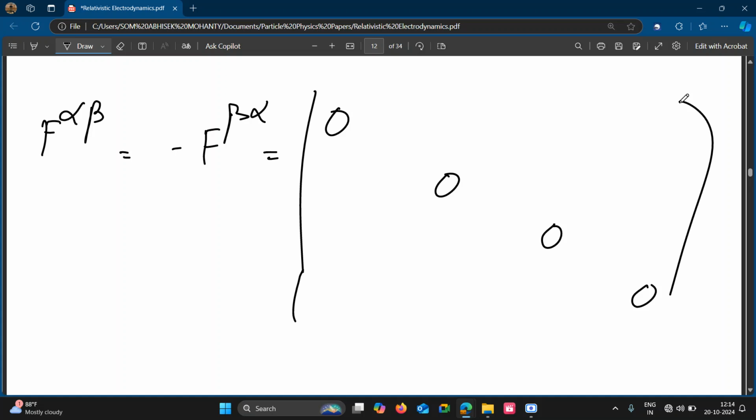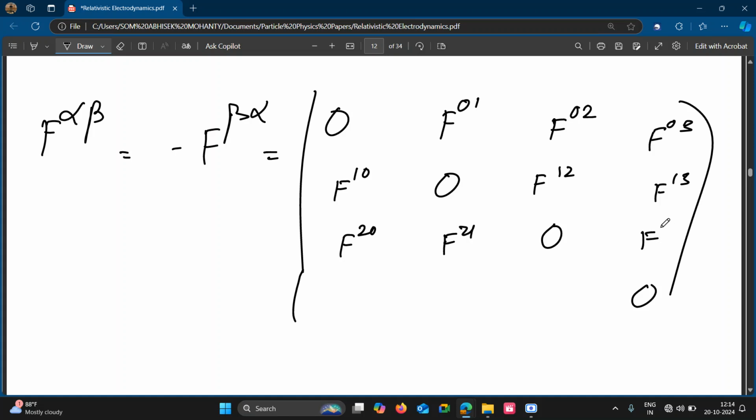Then F01, F02, F03, F10, F11, F12, F13, F20, F21, F22, F23, F30, F31, F32, F33. So the diagonal elements are 0.